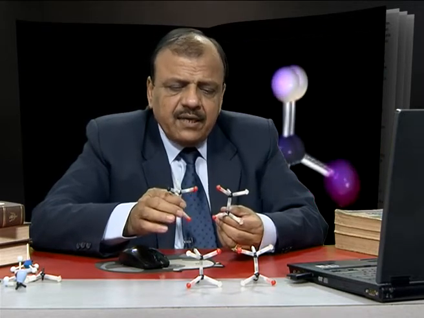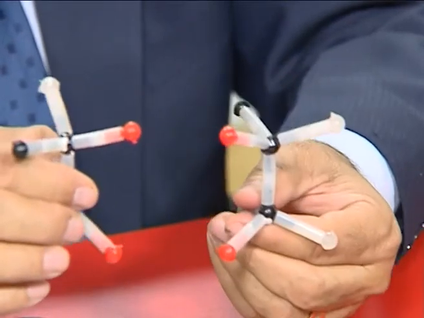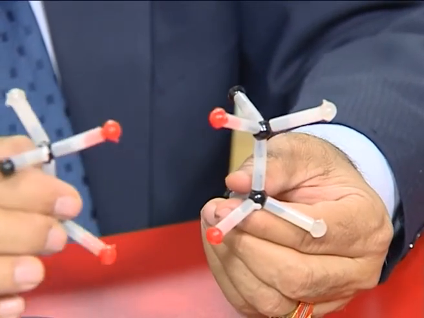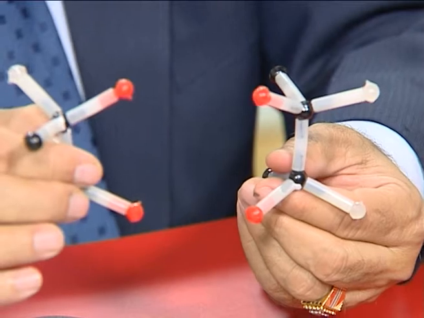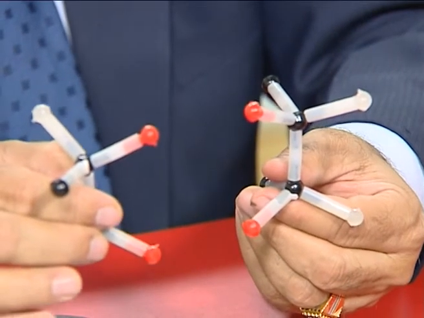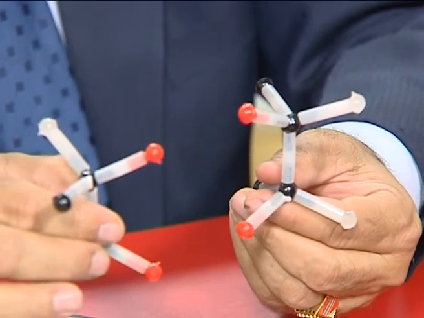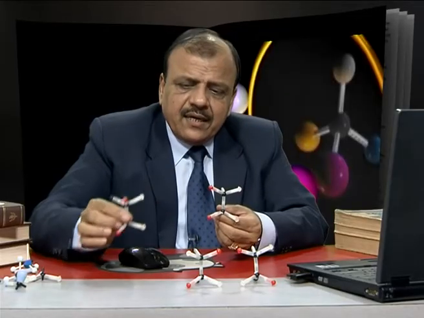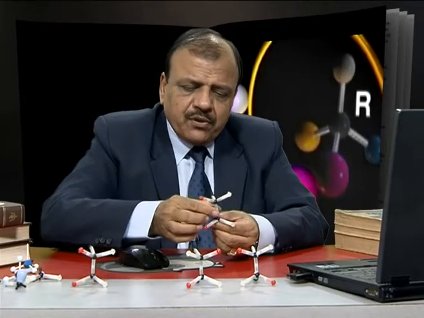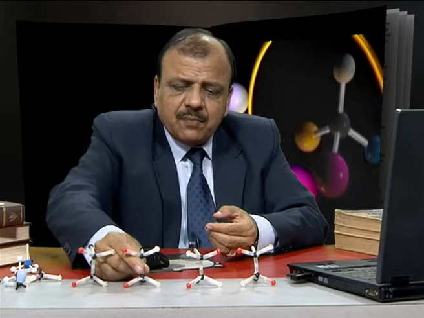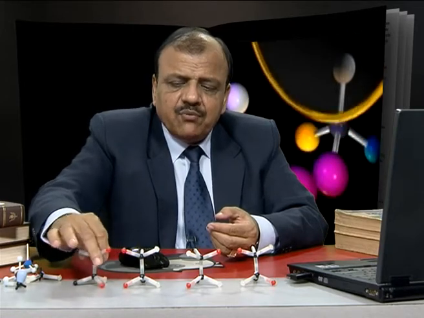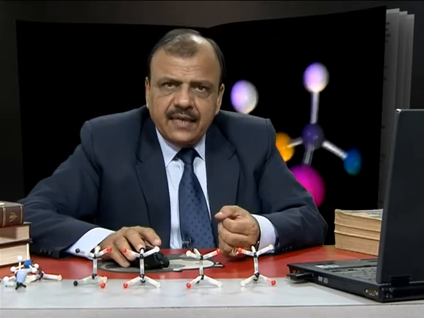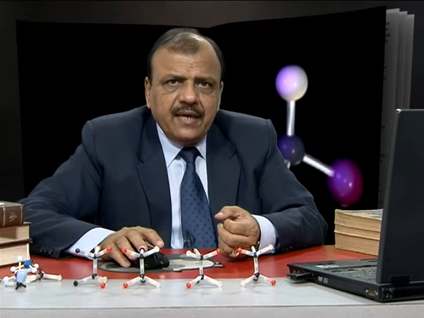So, they will be optically active. Since in this case, this molecule and its mirror image are superimposable, it means they will be optically inactive, right. So, for tartaric acid, four isomers are not possible, three isomers are possible, out of which one is optically inactive and two are optically active.